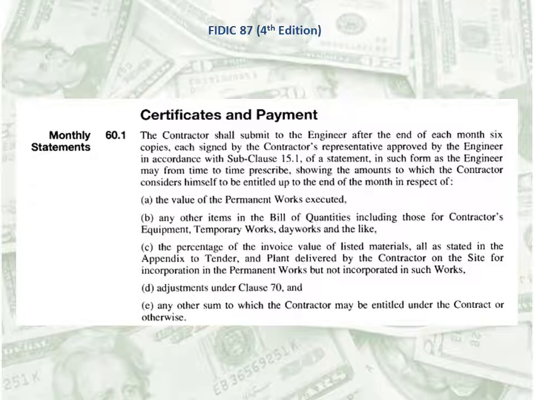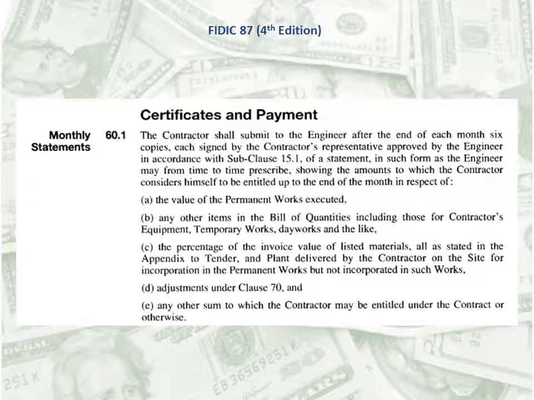the end of the month in respect of: A. The value of the permanent works executed. B. Any other items in the bill of quantities, including those for contractors' equipment, temporary works, day works, and the like. C. The percentage of the invoice value of listed materials, all as stated in the appendix to tender, and plant delivered by the contractor on the site for incorporation in the permanent works but not incorporated in such works.